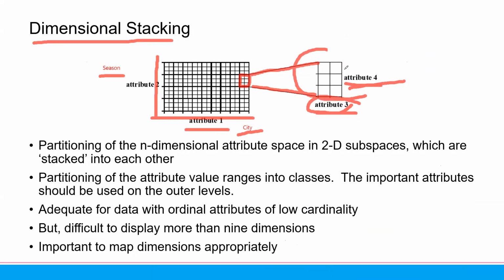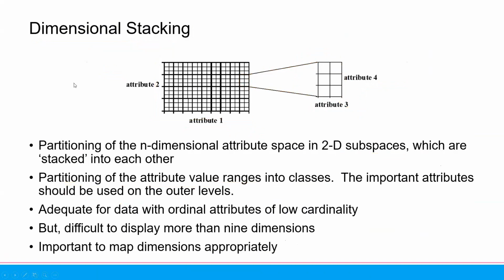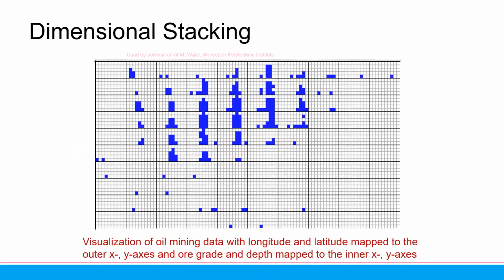We can make more details on certain attributes, and we call this finding the subspace. So we can partition the attribute value ranges into classes. The important attributes should be used on the outer levels, like the season and the city and so on.